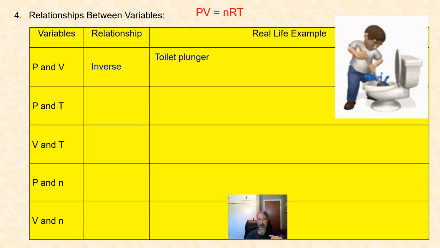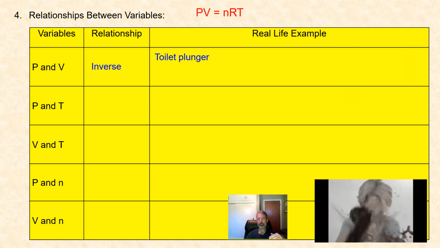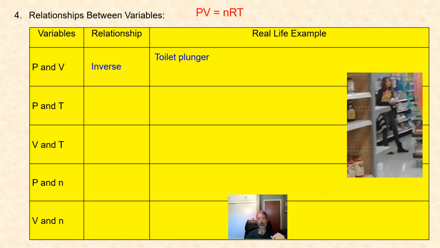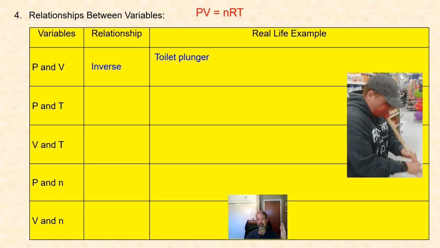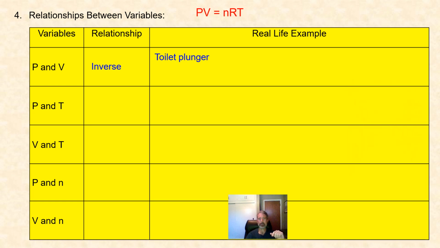And as you push down on the plunger, what are you doing? You're decreasing the volume, but you're going to increase the pressure. And hopefully you're going to increase the pressure enough to unclog the toilet, or unclog the face, depending on what you're trying to do.